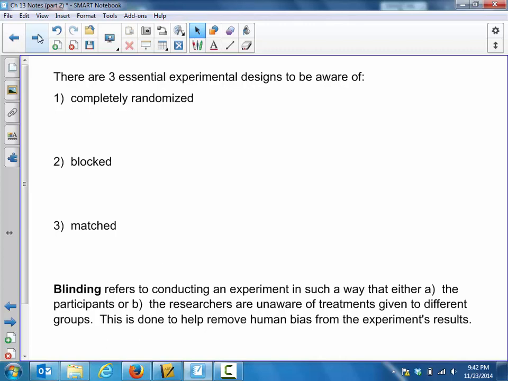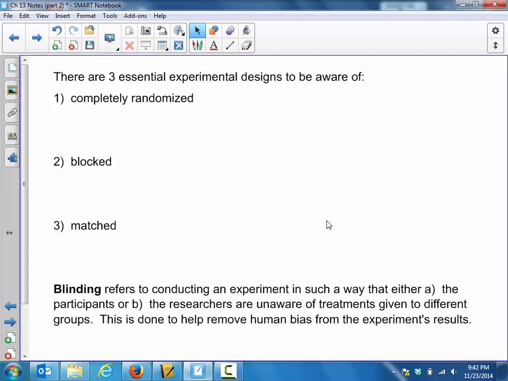It's hard to do. But the purpose behind blinding is to remove sort of that psychological factor. Okay, when you blind, it's not clear what exactly is being done, and so it removes your own perceptual bias from the experiment.